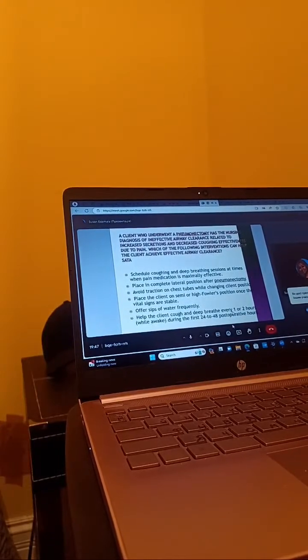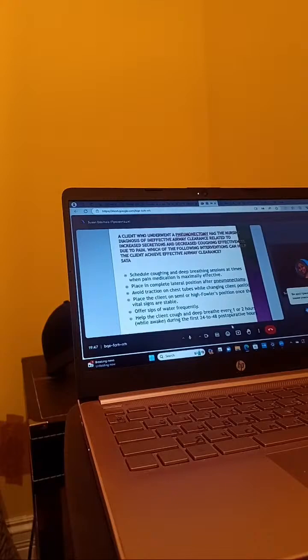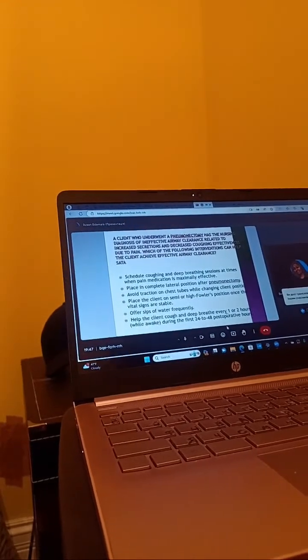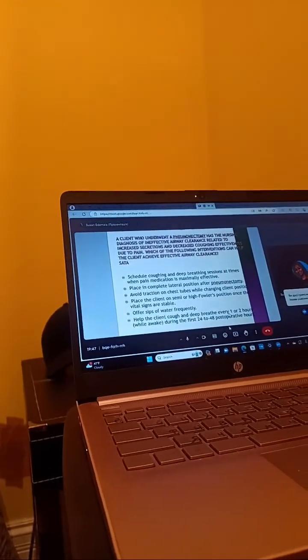Place the client on semi or high Fowler's position once the vital signs are stable. Yes. Okay. So what is the previous? Place the patient in complete lateral position after pneumonectomy. Should be put in complete lateral position? No, high Fowler's position is not lateral position.